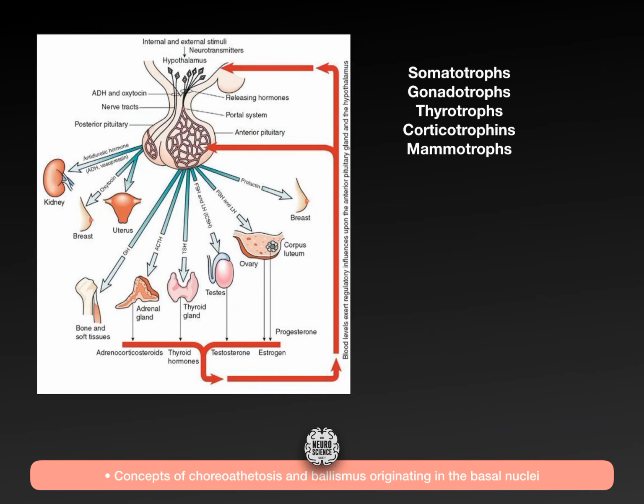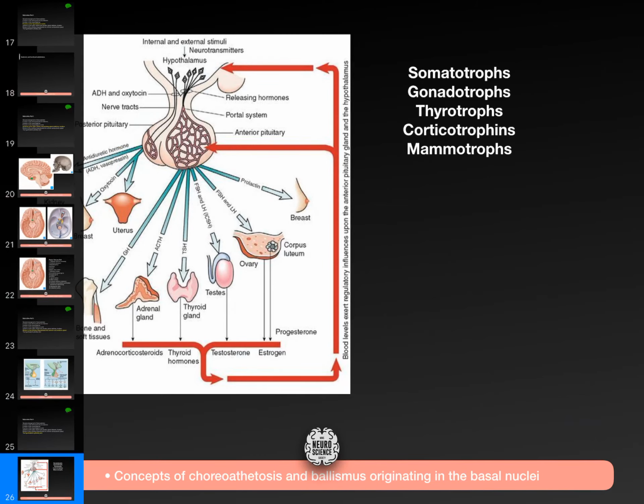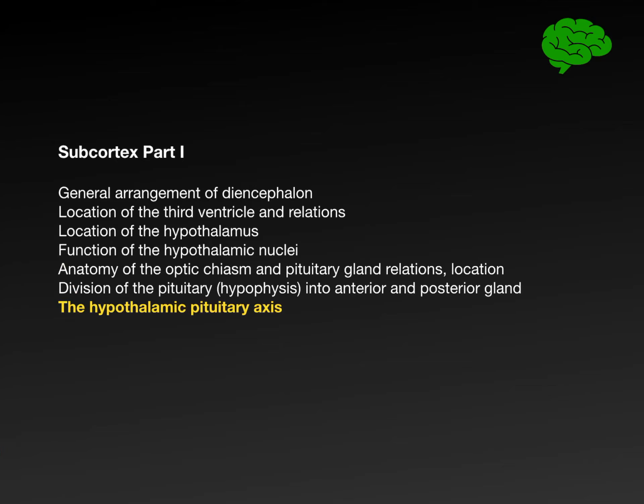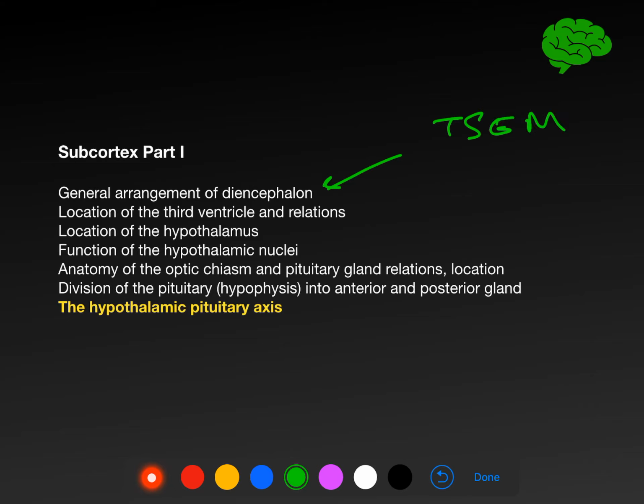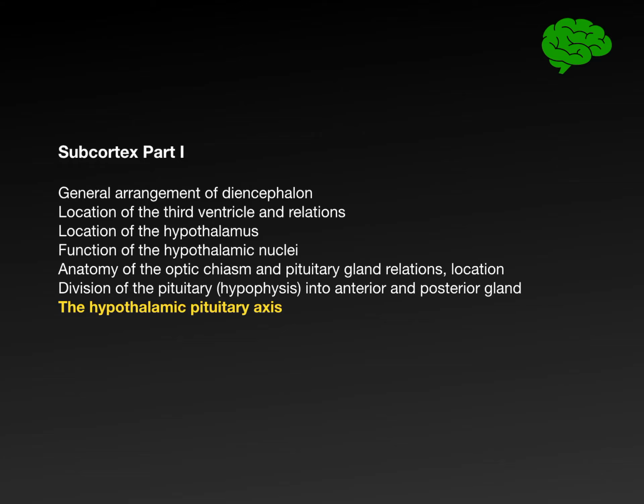And that is that. So we have filled out all of these learning outcomes today. We've done the general arrangement of the diencephalon, which is our thalamus, our subthalamus, our epithalamus, our metathalamus, and our hypothalamus. And then we have the location of the third ventricle and its relations.